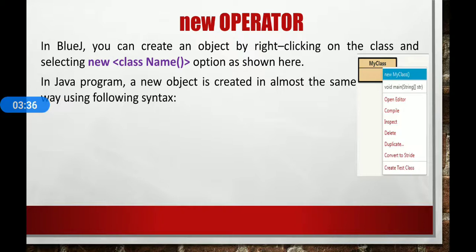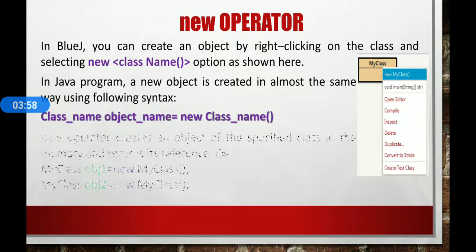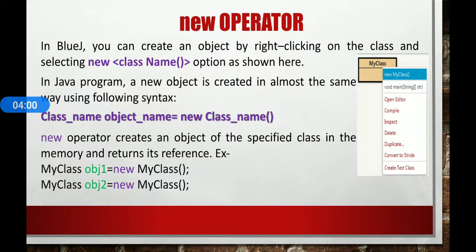In a Java program, a new object is created in almost the same way using the following syntax: first the class name, then the object name equal to new class name. Here the class name is the name of the class, then the object name, and then new with the class name, that is the class name with the new operator. The new operator creates an object of a specified class in memory and returns its reference.